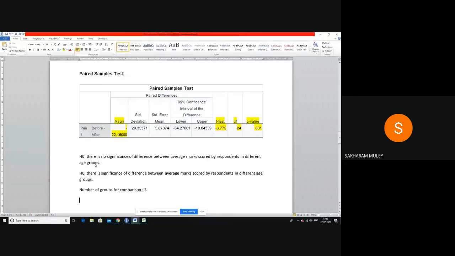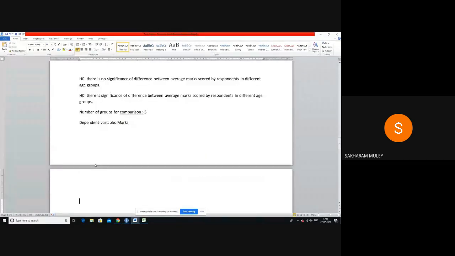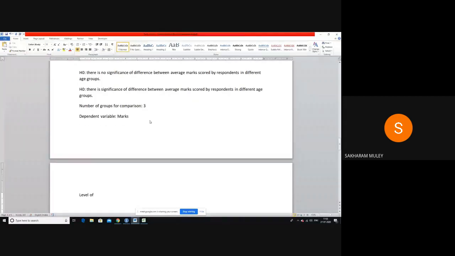The dependent variable is marks. Level of significance: we have to decide the level of significance. We only identify the dependent variable and the number of groups for comparison. So the level of significance is 5%.